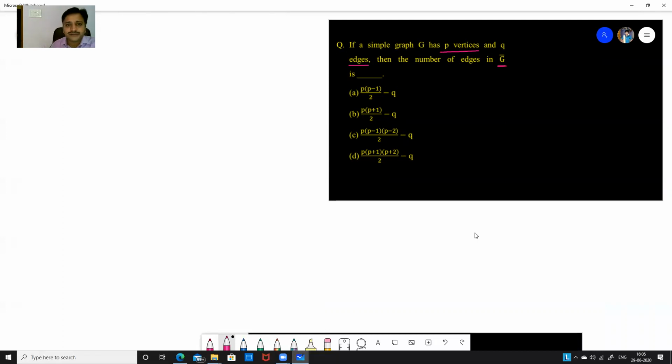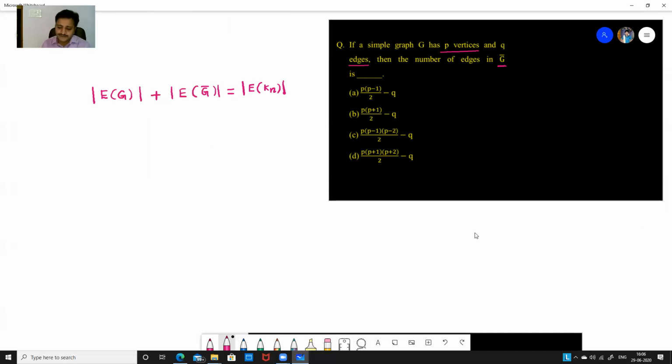To solve this type of question, the basic principle is number of edges in G plus number of edges in G bar. Of course, we already solved this type of question earlier. Is equal to number of edges in complete graph with n vertices, right? Here they clearly mention the simple graph G has p vertices and q number of edges.